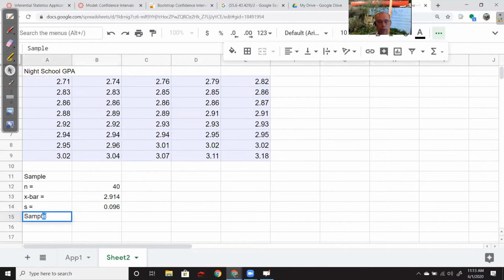Next is the sampling distribution. And this is a t-distribution. So I need the t-score, which is often called the test statistic, as opposed to the sample statistic. So the sample statistic is the X bar.